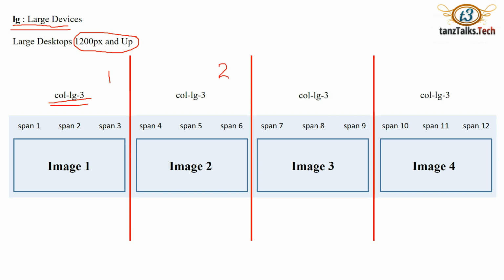So I will have 1, 2, 3 and 4. I will have 4 images on the screen, or I can say I will have 4 columns of images on the screen, each having 3 column width. You can see each column will have a width of 3.